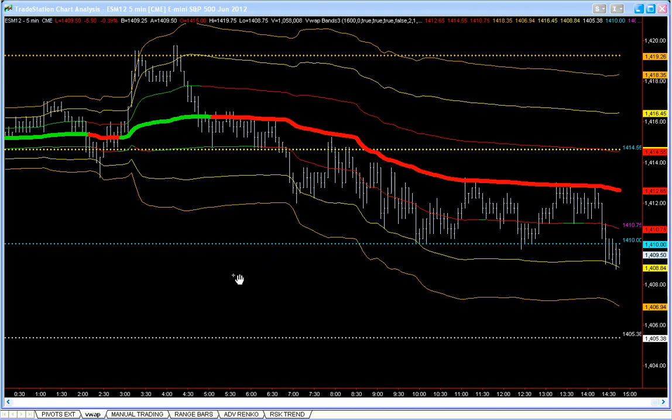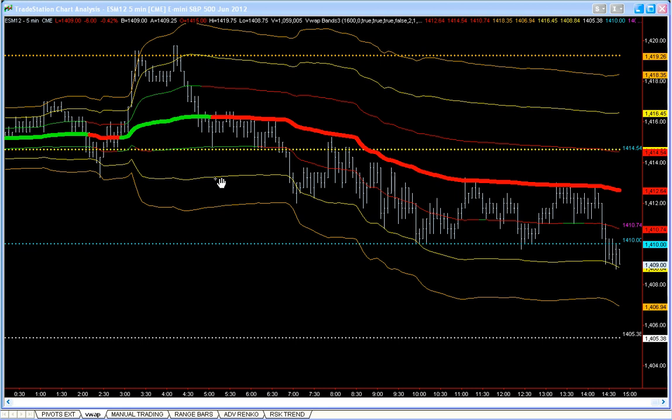And these become useful. Above the VWAP, we have 3 different standard deviation bands. And below the VWAP, 3 standard deviation bands. 1 standard deviation per band. So the second band is 2 standard deviations away from the VWAP.